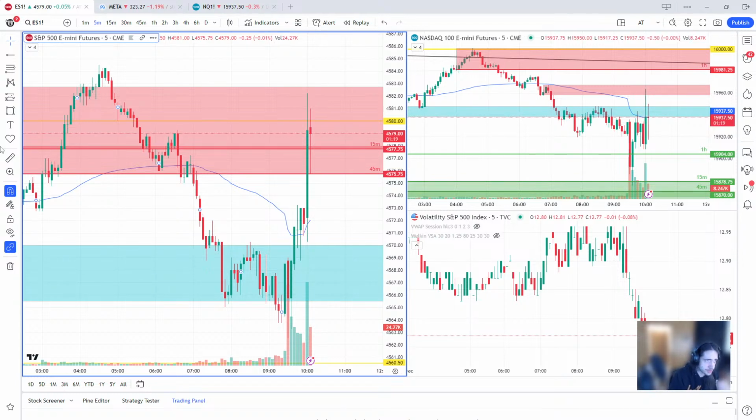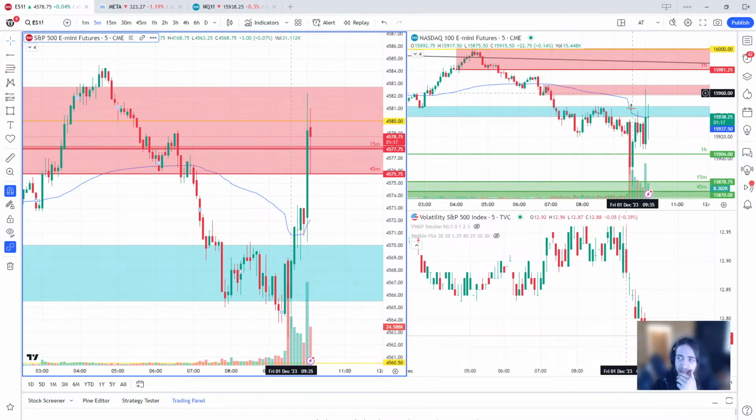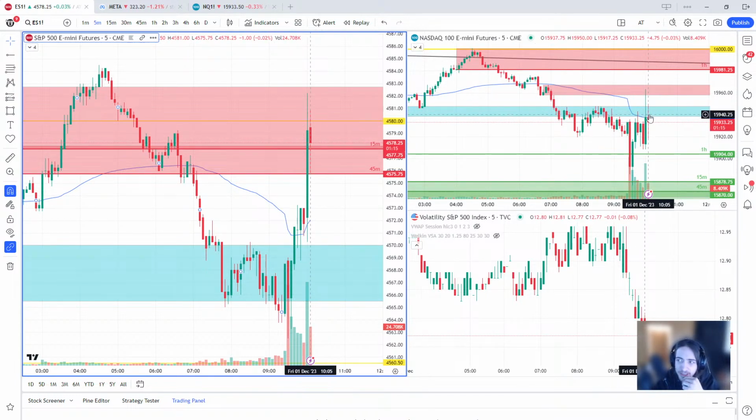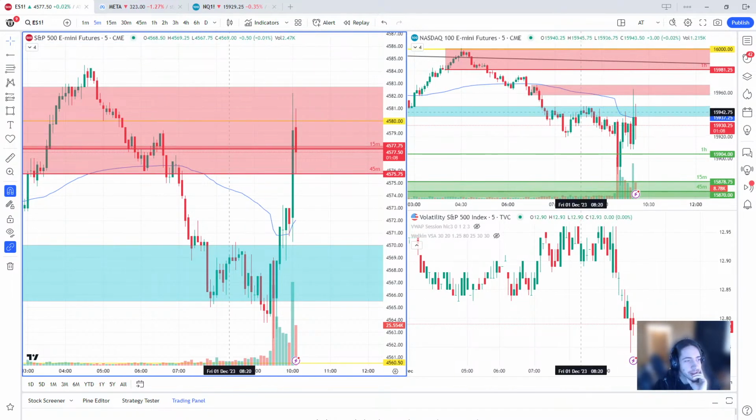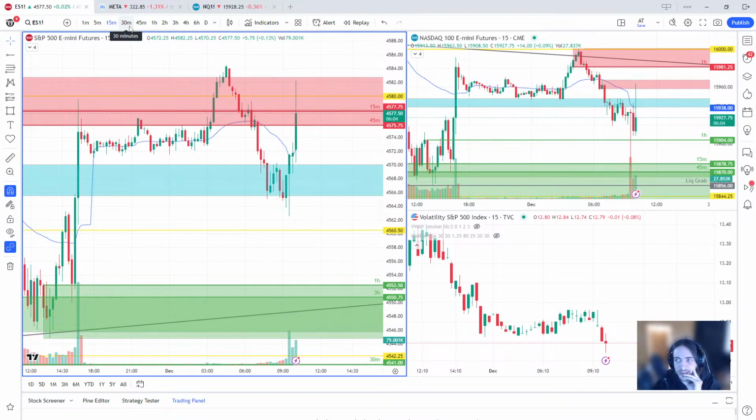Alright guys, I'm waiting on this candle to close. I'm looking for a hangman candle. I want a small green body and a long lower wick, and I'll take a short position. Ooh, Apple weakness. Nice. How are these other time frames looking?